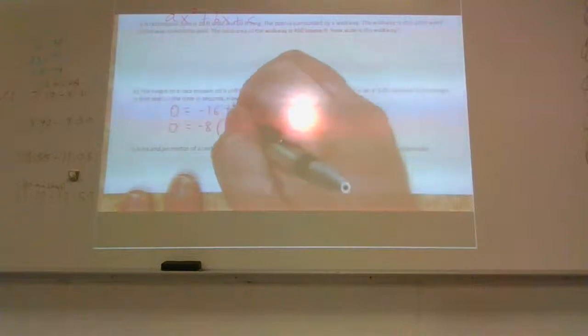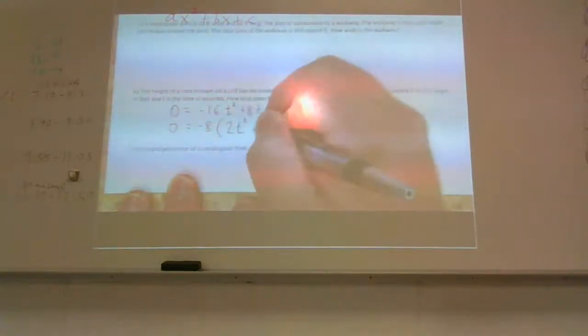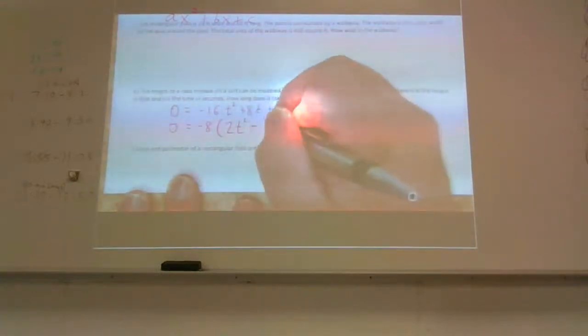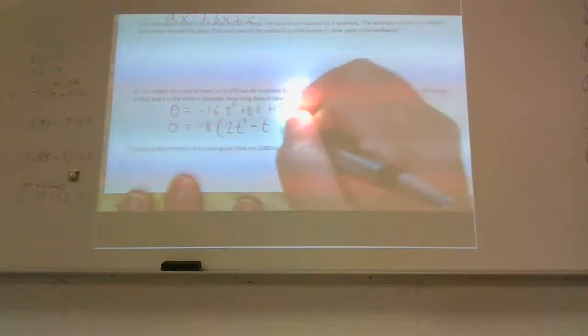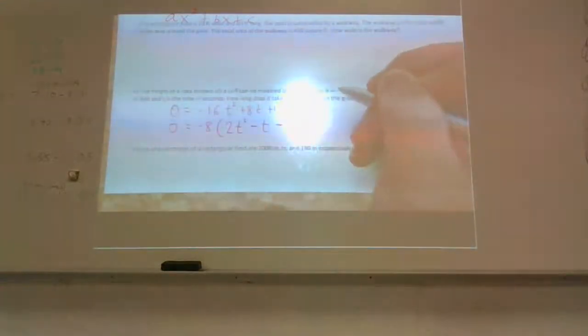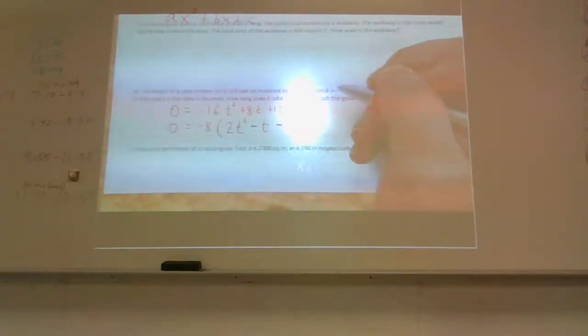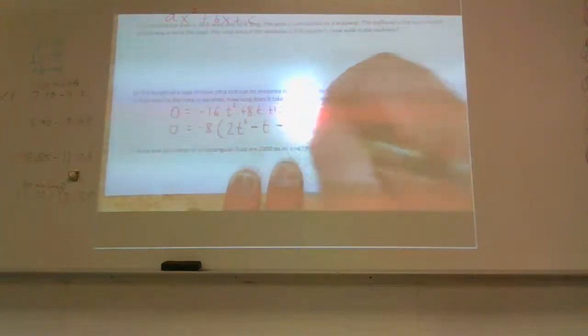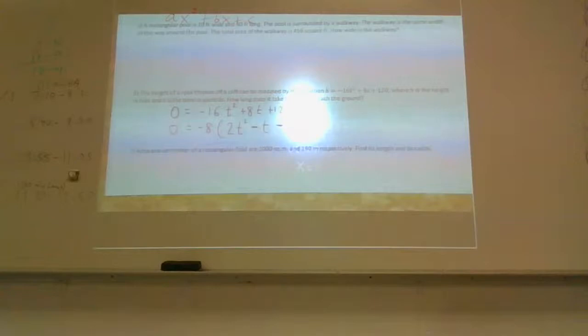This becomes a 2t squared minus t minus, what's 120 divided by 8? What is that? 15? Someone confirm that. 120 divided by 8. Cool. Minus 15. Notice the sign change.